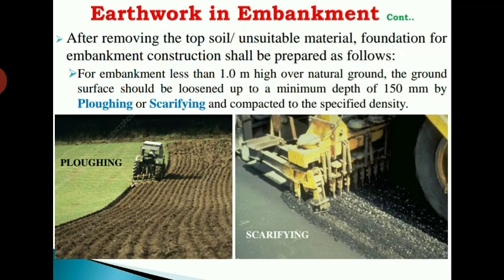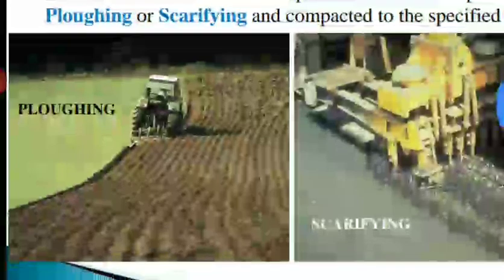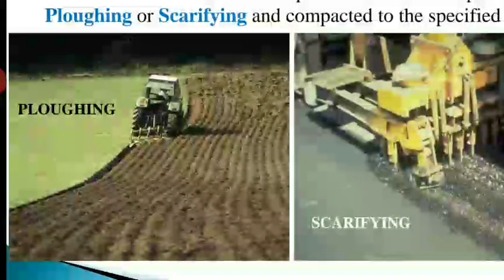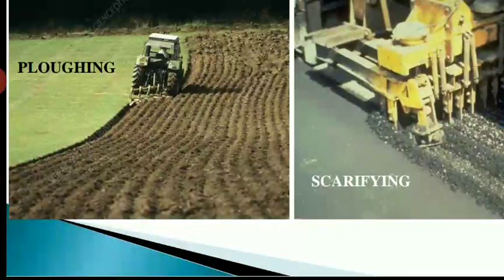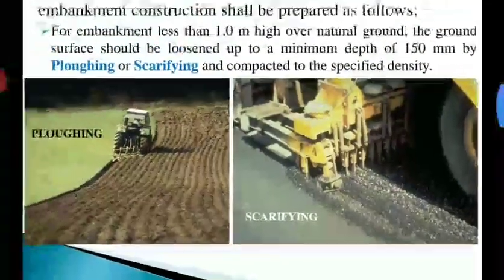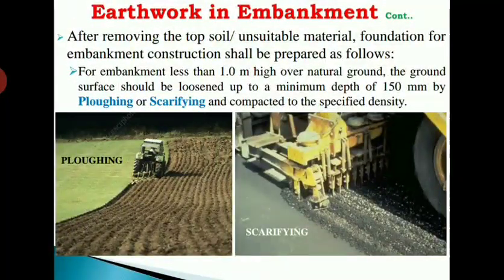By using different processes, that is ploughing and then scarifying. Ploughing is nothing but the loosening of that soil, right? And scarifying is nothing but loosening the top layer of the bitumen or whatever soil layer is there, right?